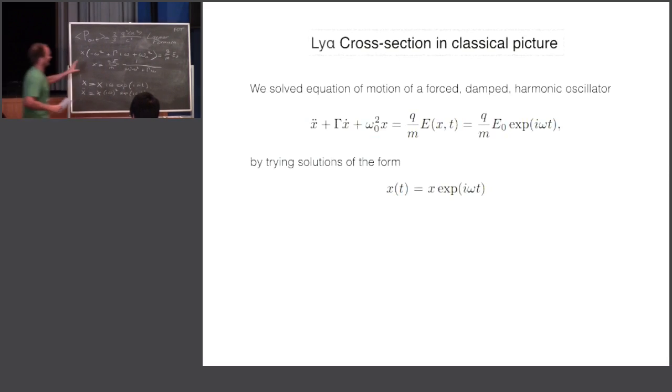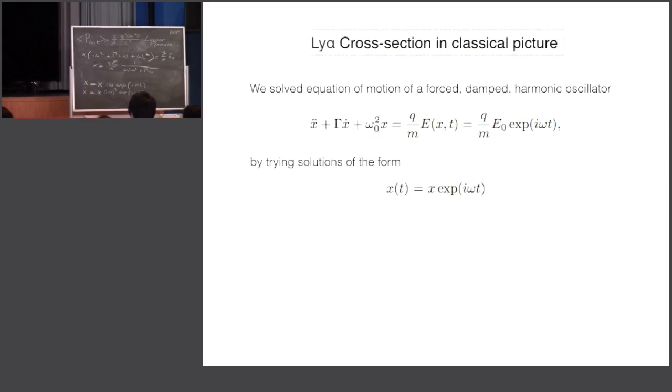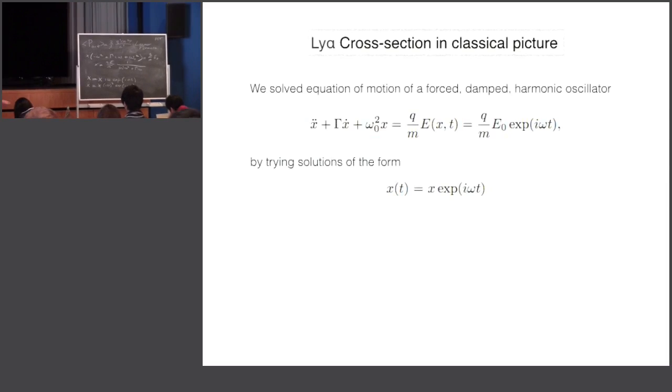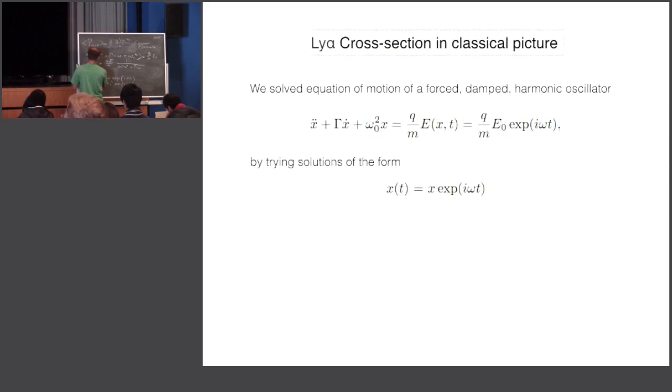And the reason I'm writing this up explicitly is that I want to make one more simplification. Generally speaking, we work at frequencies pretty close to the Lyman-alpha resonance, so omega is going to be very close to omega naught. In that case, it turns out it's convenient to approximate omega naught squared minus omega squared. You can write it as omega naught minus omega times omega naught plus omega.